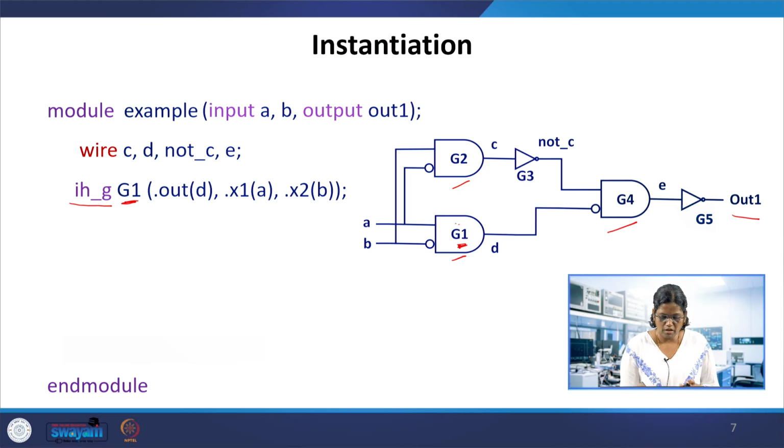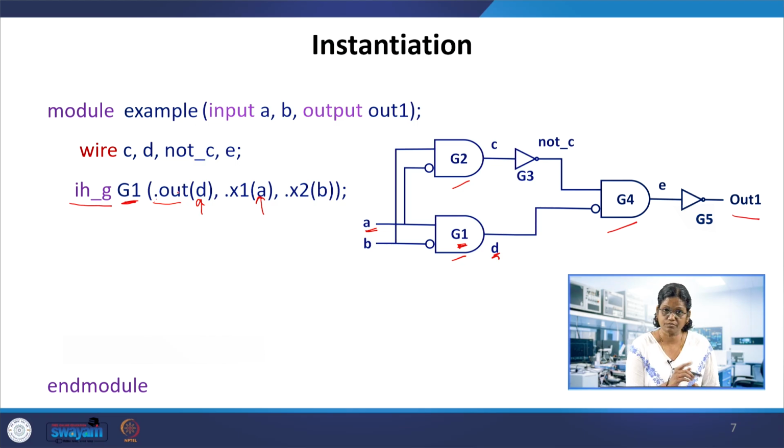Now we map the ports as in the second format. The format is dot out, the first one, which is called D here. So the port name was out, and D, comma, and the first input is dot x1 in the previous module, and it is now named A. This is the local expression that we have given in the format.